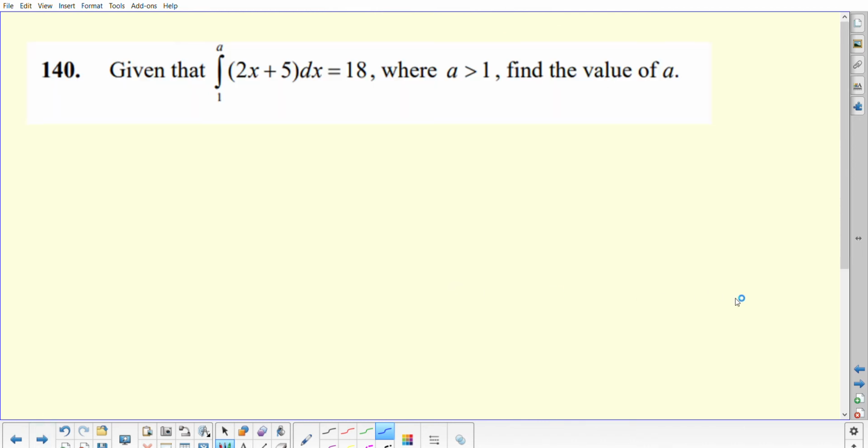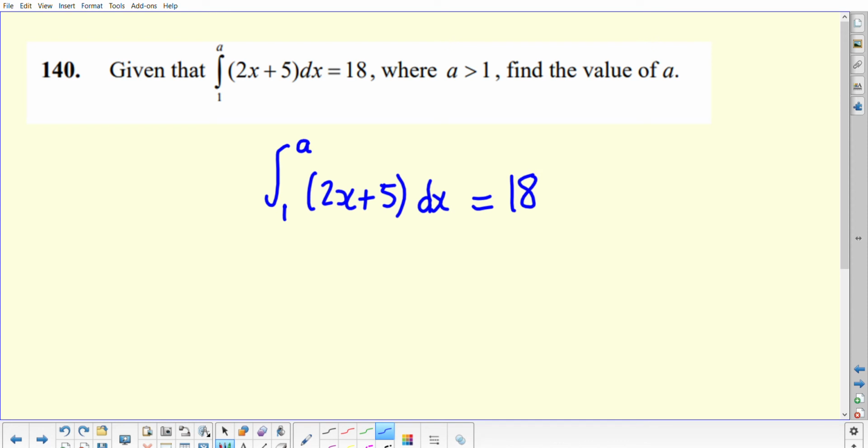So second question, still on integration, slightly different in that it's an actual equation that you've got going on here. So what you're being told is that you've got this integral with limits on it 1 to a, and you've got the integral of that expression there gives you the answer of 18, and you're asked to work out what must a be.